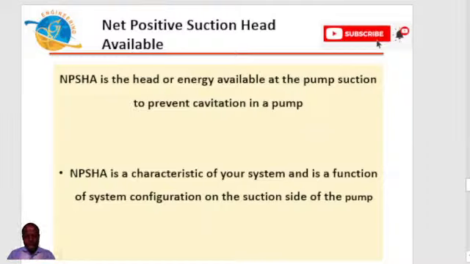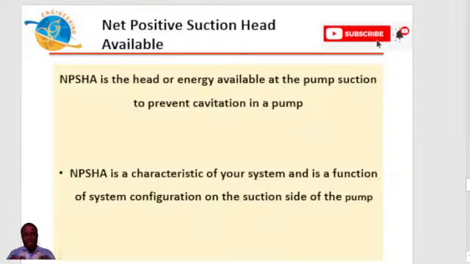So you are responsible, as the process engineer from the vendor side, or the machinery engineer, or the rotating equipment engineer from the client side, in this case from the client side, I repeat, to determine or calculate your NPSHA, because it is your system characteristic. Your NPSHA will be furnished to the vendor so that the vendor will prepare their own NPSHR, which we will also be looking at.